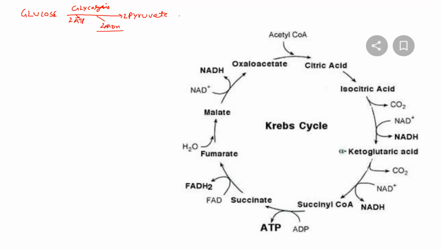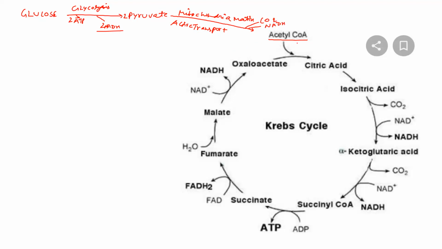Okay, then this pyruvate enters inside the mitochondrial matrix, through active transport. And here it converts into acetyl coenzyme A. When it converts into acetyl coenzyme A, again CO2 is released and NADH is produced.